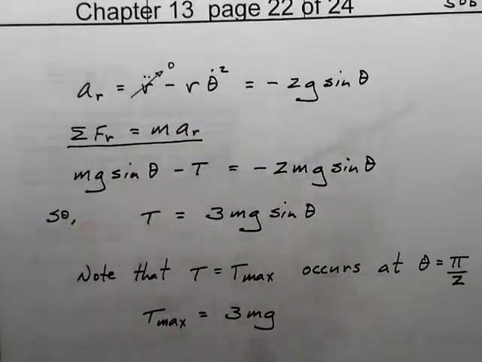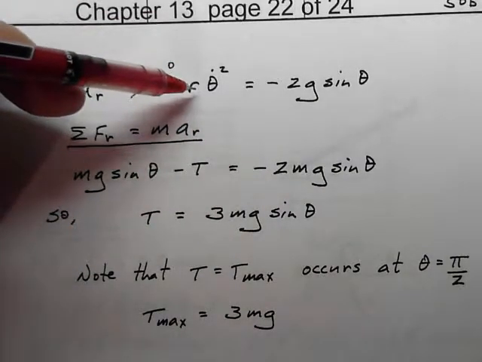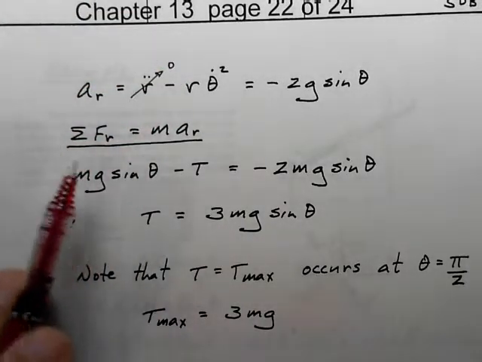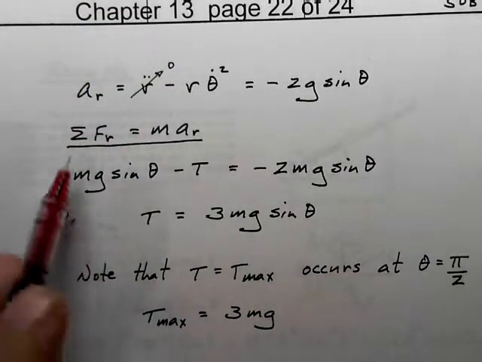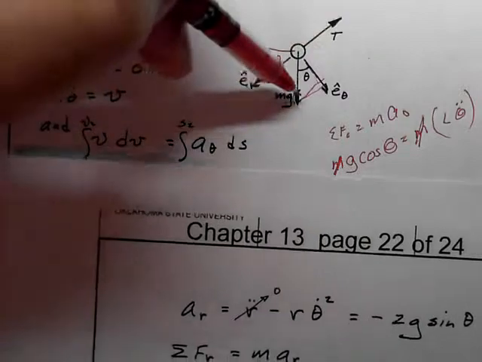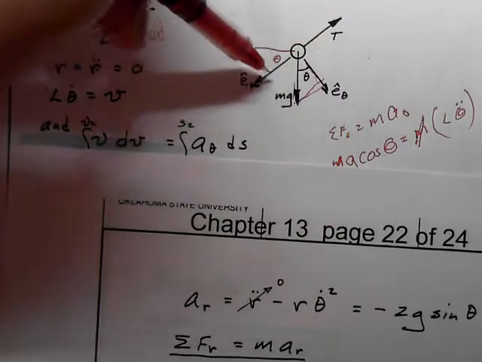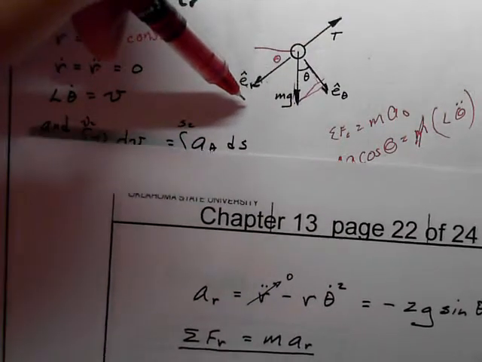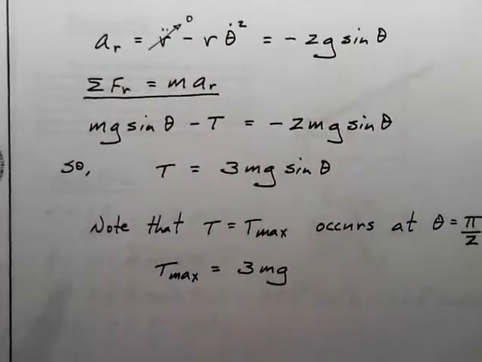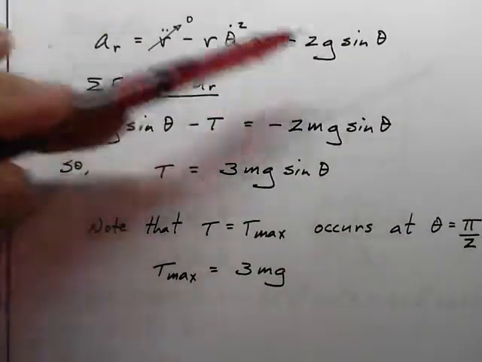So here's our acceleration in the radial direction. But our sum of forces, okay, so we're going to do a sum of forces in the radial direction that says tension in the negative radial direction, a piece of gravity in the positive radial direction equal mass times acceleration in the radial direction.